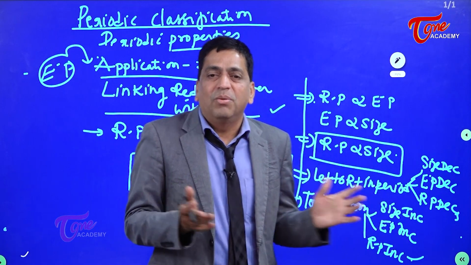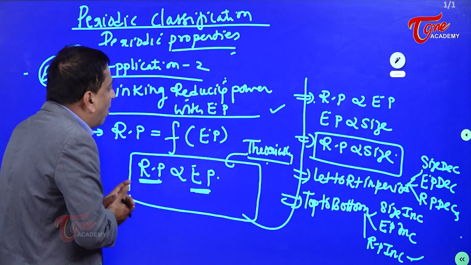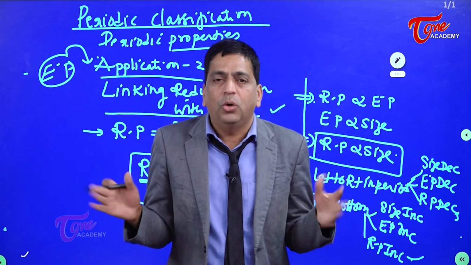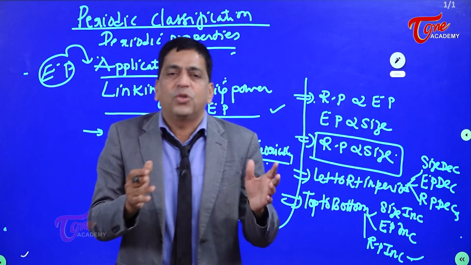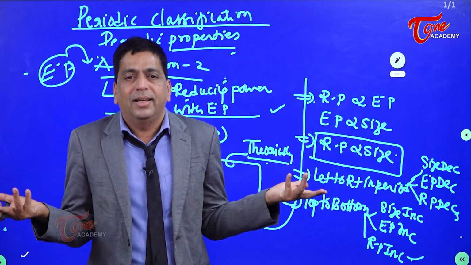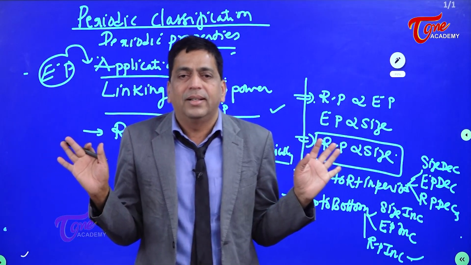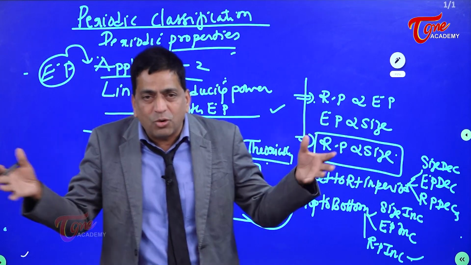So basically I'm trying to link reducing power with electropositivity. What is very strange here is that you quote any periodic property, they are all linked to size. Ultimately, it boils down to the size.